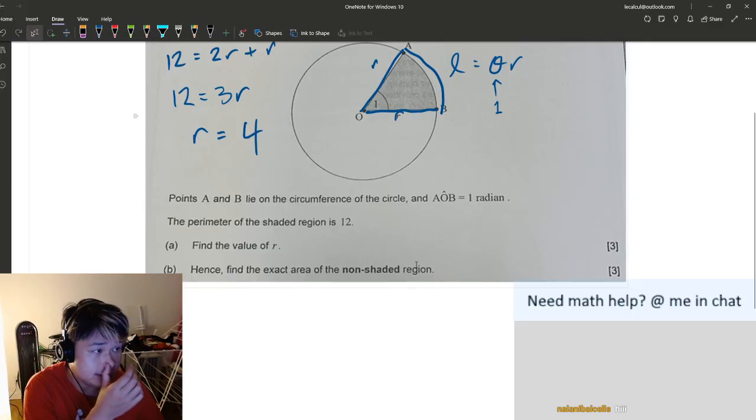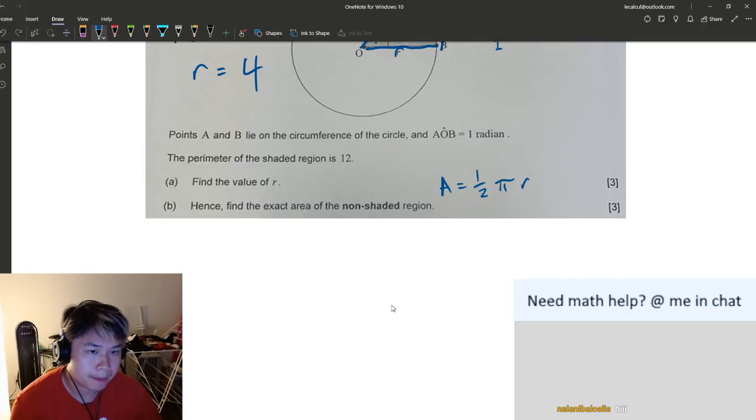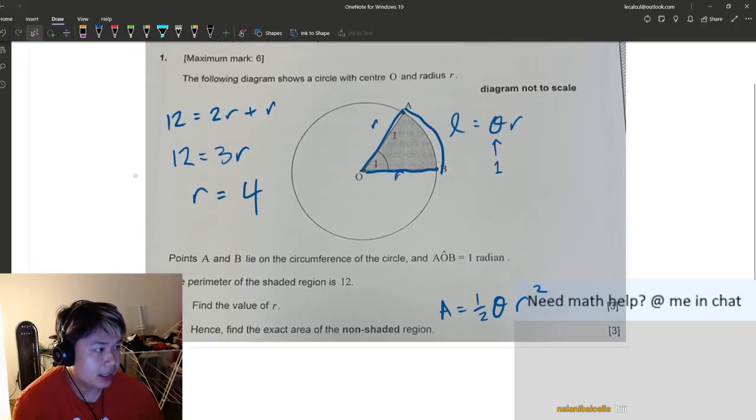There's lots of ways to do this, but you will need to use this formula eventually. The arc sector formula, which is 1/2 theta r squared. So this is the area of a sector, and there's lots of ways you can do this.